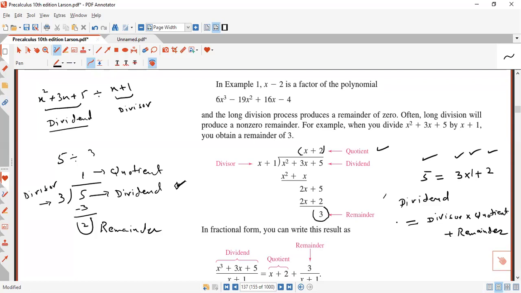Clear? So this is a very special relation that you may check with any numbers. Whenever you divide any two real numbers, you will get this relation. Clear? So now we are generalizing this relation with polynomial functions also.